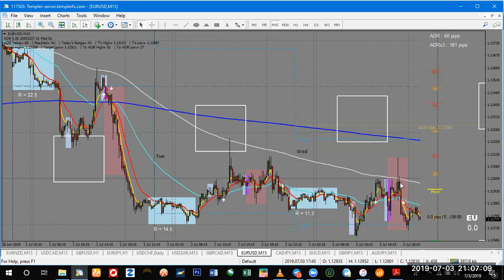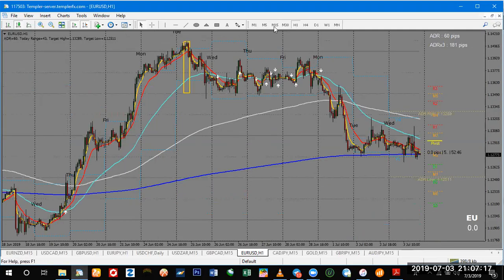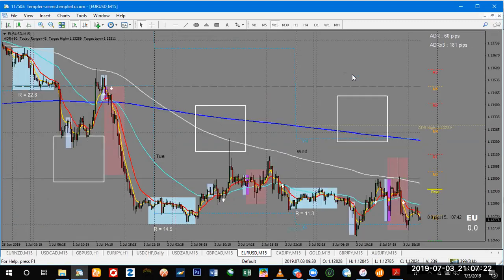I need a clarification, because I see in one hour, I can see the safety. Usually I take my safety trades after the 50 and 200 crossover, like the first pullback after the 50 and 200 crossover. That's a safety to me.